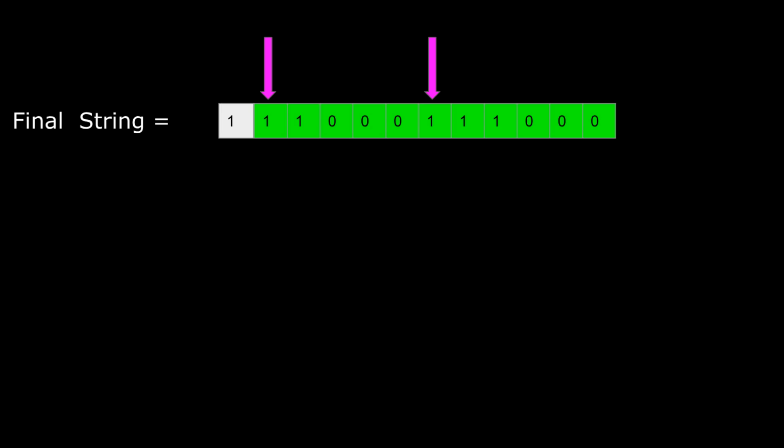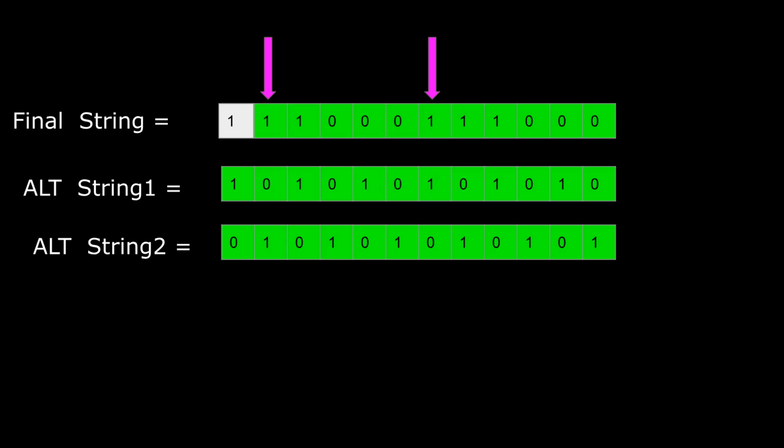So for that, instead of taking an alternating binary string of the length of the original string, we can take the alternating binary string of the length of our final string, right? Then it's going to be easy to find the contribution of the removed index and the contribution of the newly added index.